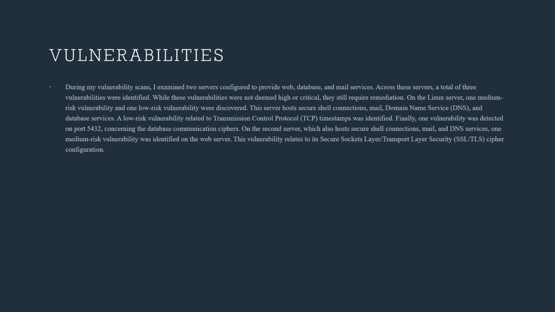The second server, which also hosted Secure Shell connection or SSH, mail, and DNS services, had one medium risk vulnerability identified on the web server. This vulnerability relates to the Secure Sockets Layer, or what we now call the Transport Layer Security, SSL and TLS cipher configuration.